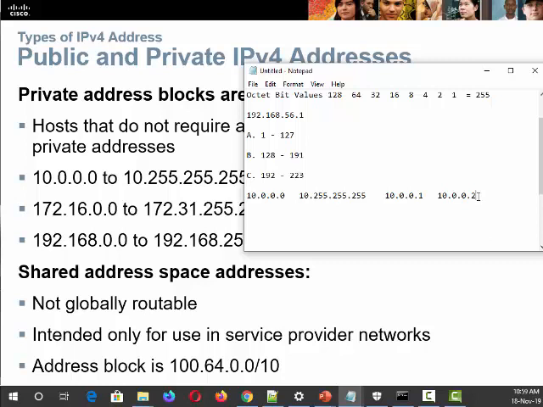For class B, we have 172.16.0.0 to 172.31.255.255. That is, the beginning is from 16 and ends at the end of 31.